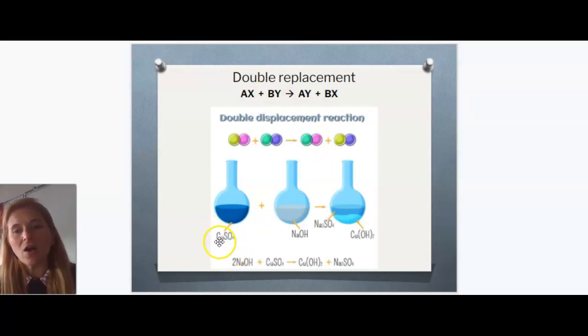So here we see that copper 2 sulfate again. Over in this beaker, we have sodium hydroxide. And when we bring the two together, we end up with copper 2 hydroxide and sodium sulfate. So they have swapped those cations there.